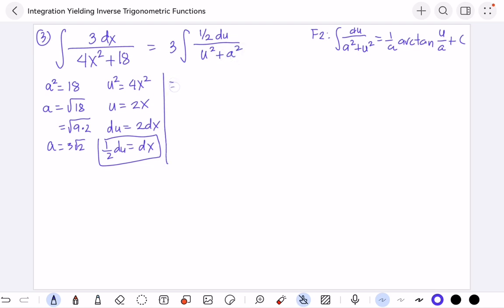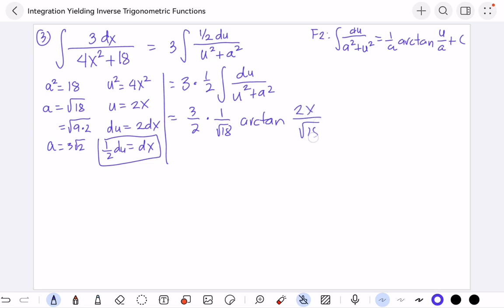So I can factor out the constant 1/2, integral of du over u square plus a square. It's clear that this is the formula. So I have 3 halves times, using the formula, 1 over a, where a is square root of 18, arctan of u, which is 2x, over square root of 18, plus c.